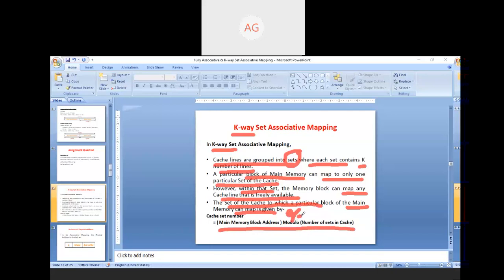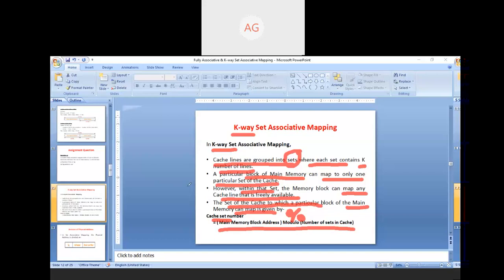We already used this formula in direct mapping, where we found the cache line number, but here we are going to find the cache set number. This formula is very important in order to find the exact set number to which the main memory block is going to map.